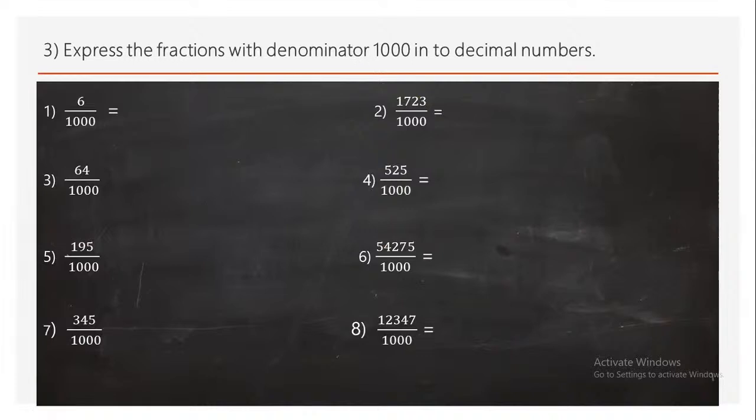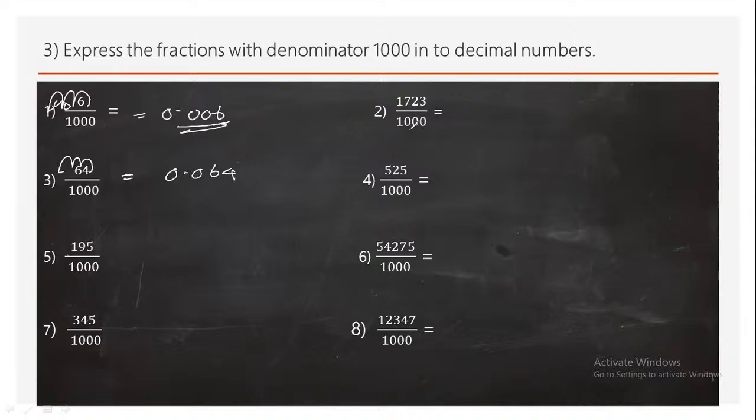3 zeros at the denominator, 3 decimal places back, right? To the left-hand side. 1, 2, 3. Then what is the answer? 0.006. And here 1, 2, 3, 0.064.